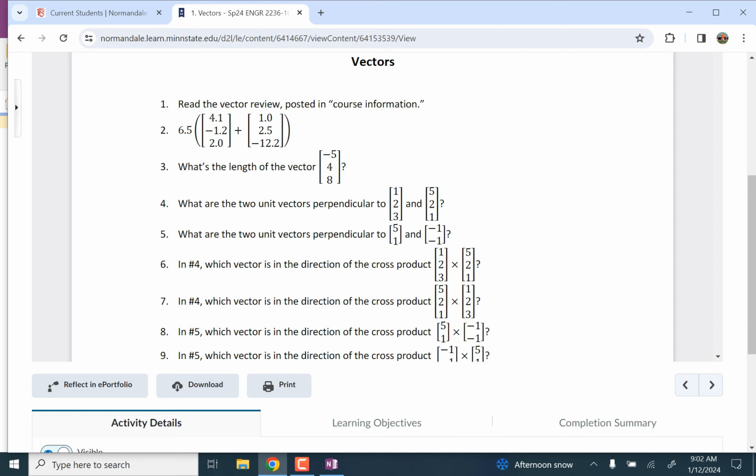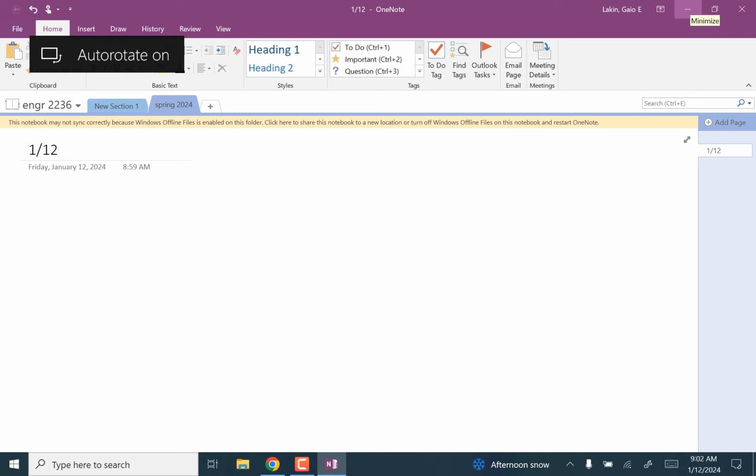So I'll take the cross product of 1, 2, 3 and 5, 2, 1. Okay, so let me do this on here. So this is vectors number 4.